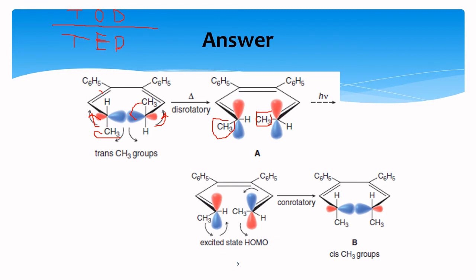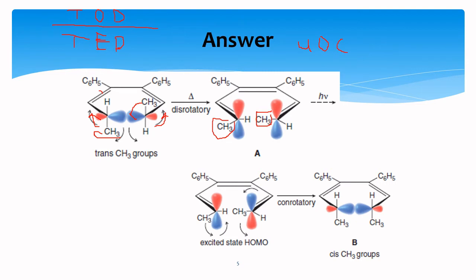Okay, and then this product undergoes a photochemical reaction, and because this is ring closing, it is UV, and it is odd, so it is conrotatory.